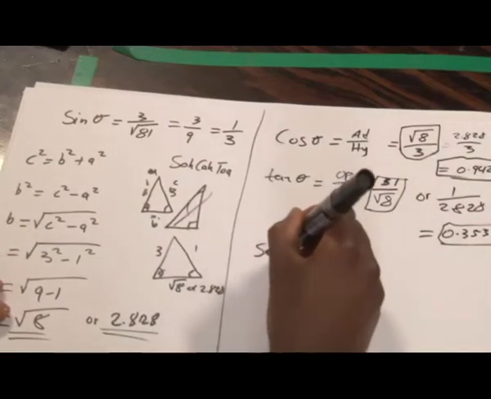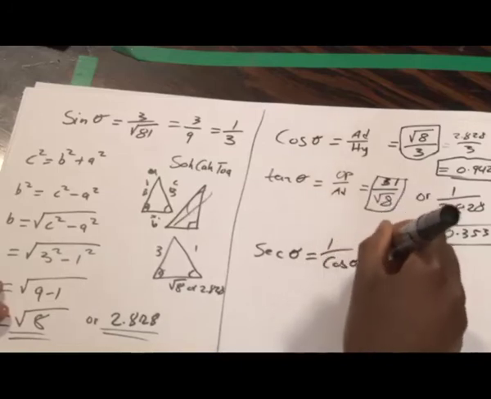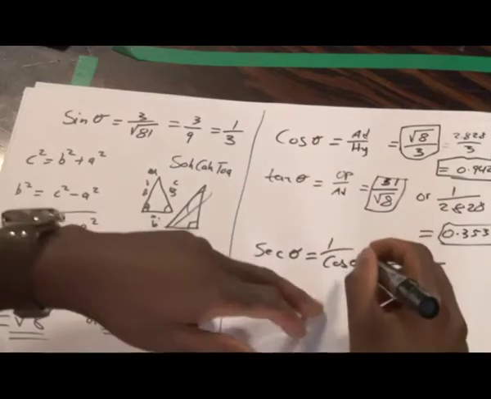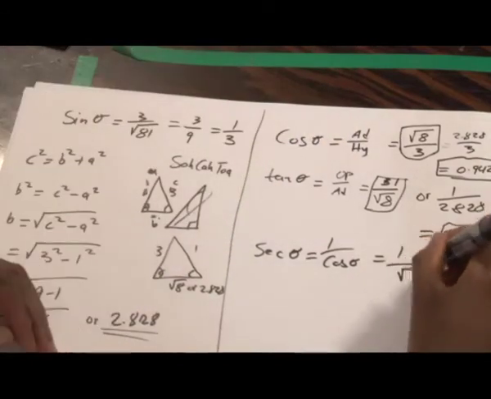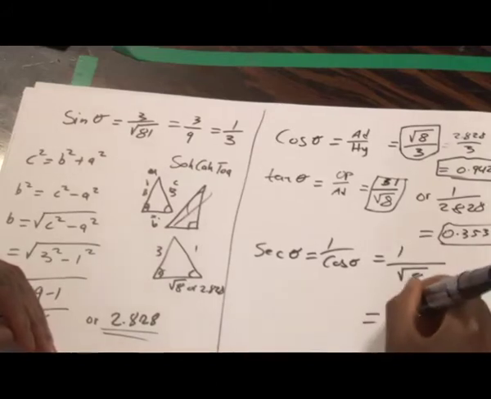Then you come to sec theta, which is equal to 1 over cosine theta. But now we know what our cosine theta is. Cosine theta is square root of 8 over 3, so sec theta is 3 over square root of 8.